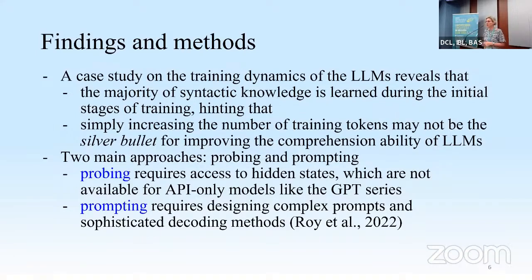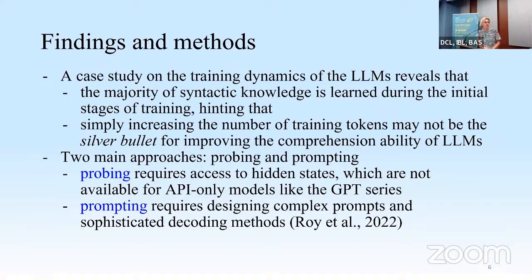Why is this important? Because nowadays we believe that the more data, the better. However, the authors say maybe it's not the silver bullet. Maybe we need more non-homogeneous data, but not always more data.